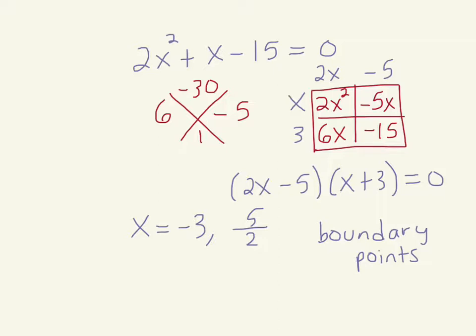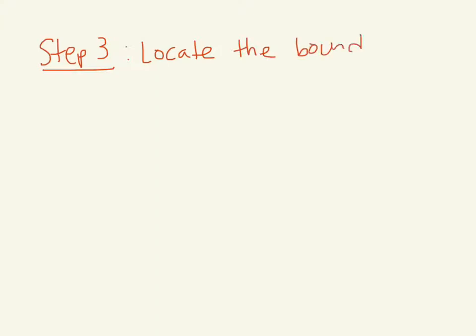Great, so I'm going to turn my page again. So for step 3, let's pick a new color. We are asked to locate the boundary points on a number line.